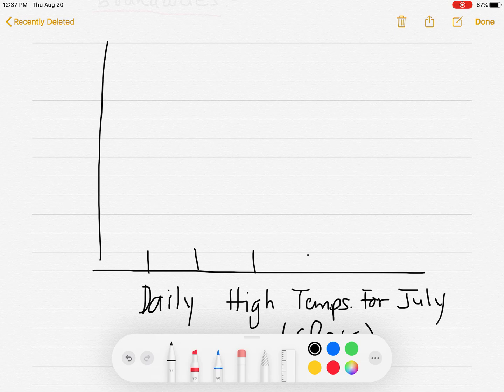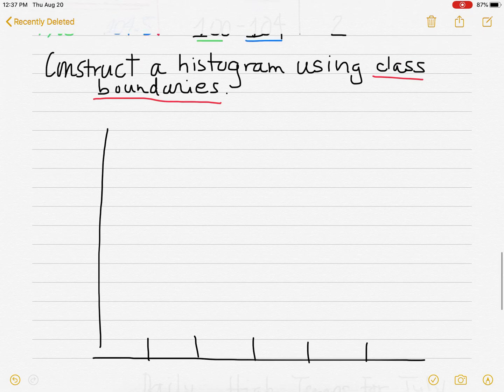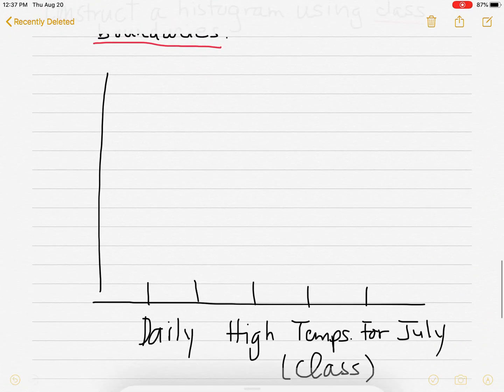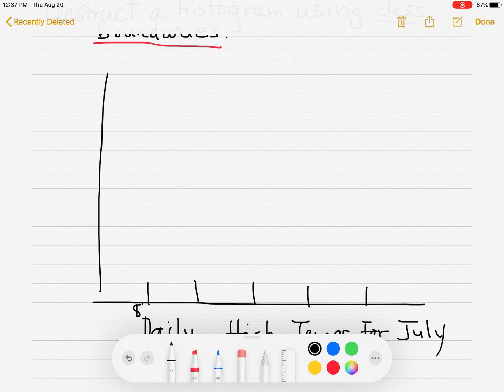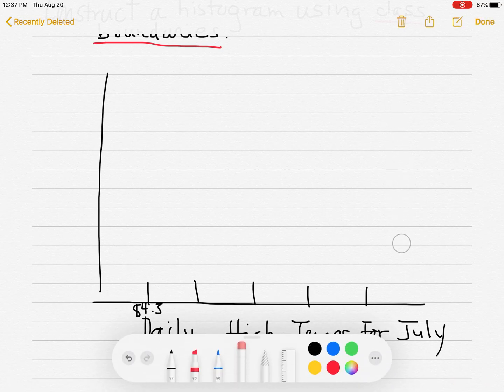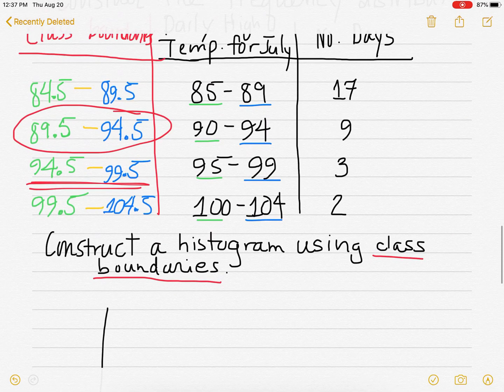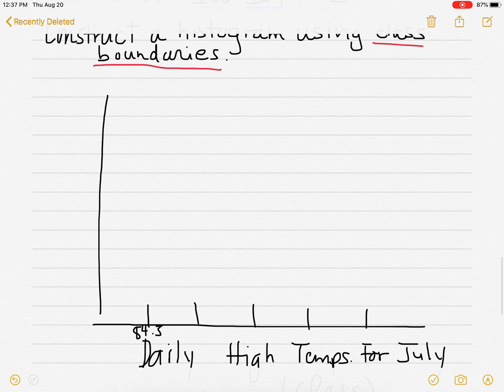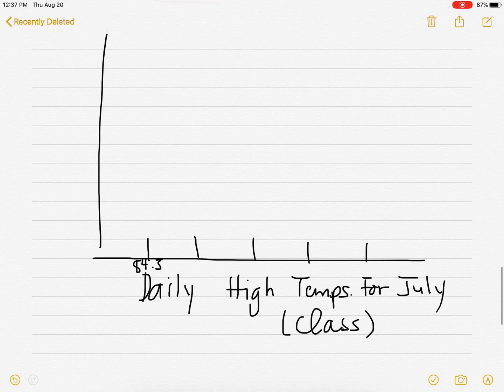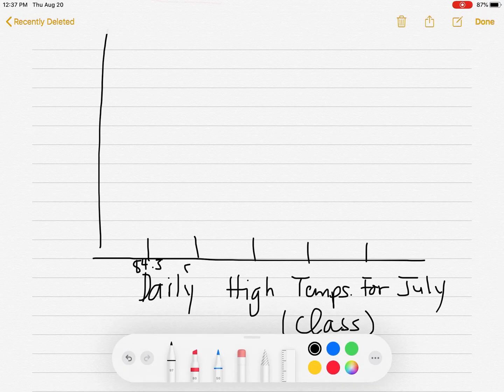1, 2, 3, 4. So I'm going to start with the leftmost boundary at 84.5. I'm going to put here at the first marking 84.5. And then the next boundary is what, 89.5?